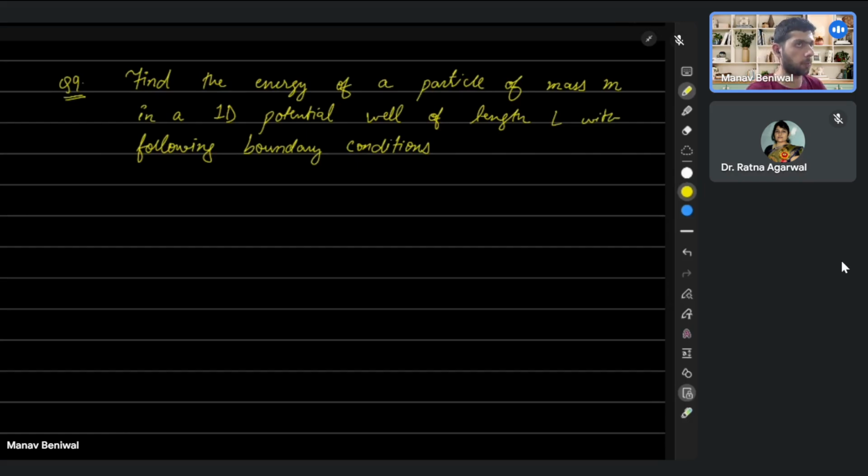The boundary conditions are that our potential energy is 0 for x greater than 0 and less than L, and it is infinite for x less than 0 and x greater than L. Okay, so this is the problem.